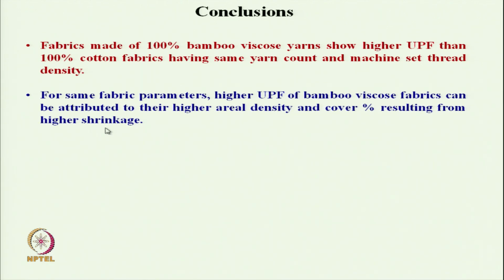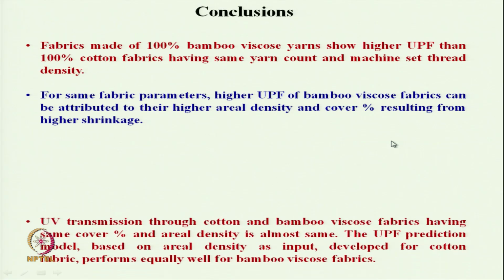This is machine set thread density, not the final thread density. For the same fabric parameters, higher UPF of bamboo viscose fiber fabrics can be attributed to their higher areal density and cover percent, resulting from higher shrinkage.